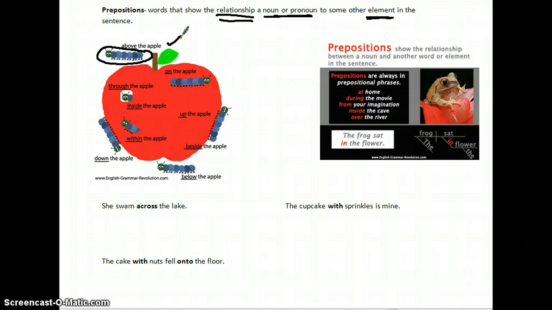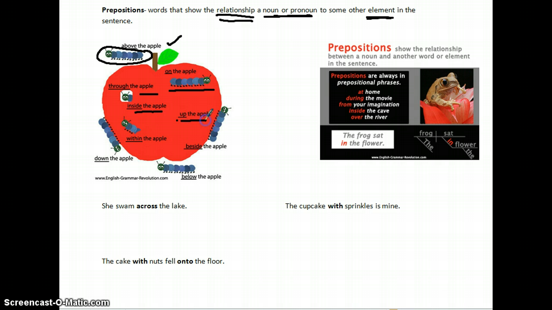If we take a look at the caterpillar is on the apple, it's still showing us the relationship of the apple to the caterpillar. We can do that for all of these. Maybe the caterpillar is eating through the apple, or it's inside the apple.